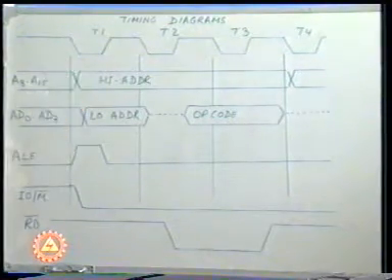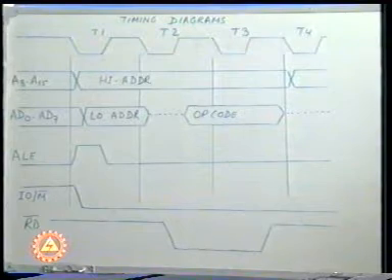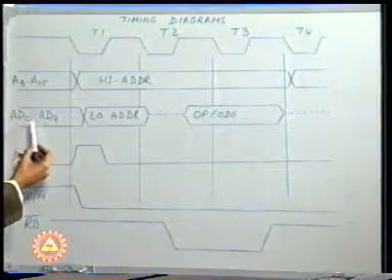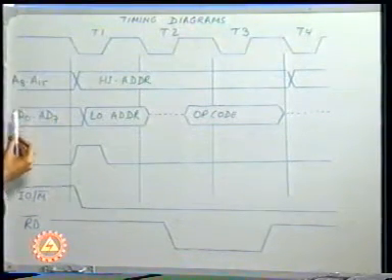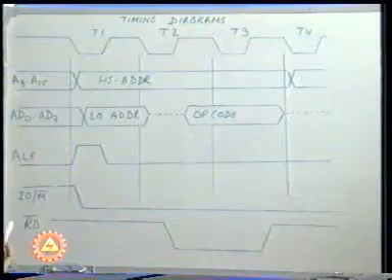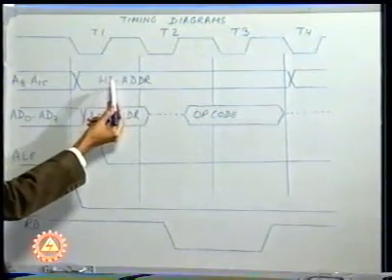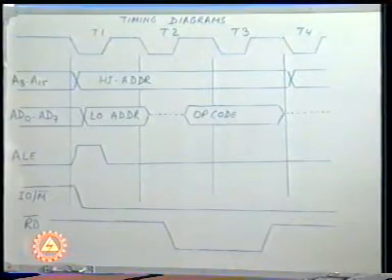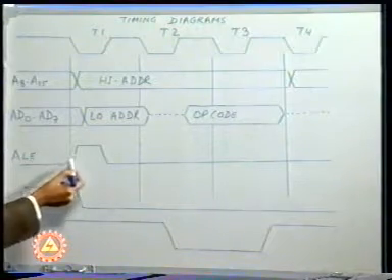In the opcode fetch, in the first T state, which we call T1, the microprocessor places the address on A0 to A15, which has been shown here as A8 to A15 and AD0 to AD7. On A8 to A15, the microprocessor places the high order address, and on AD0 to AD7, it places the low order address. At the same time, the ALE goes high.